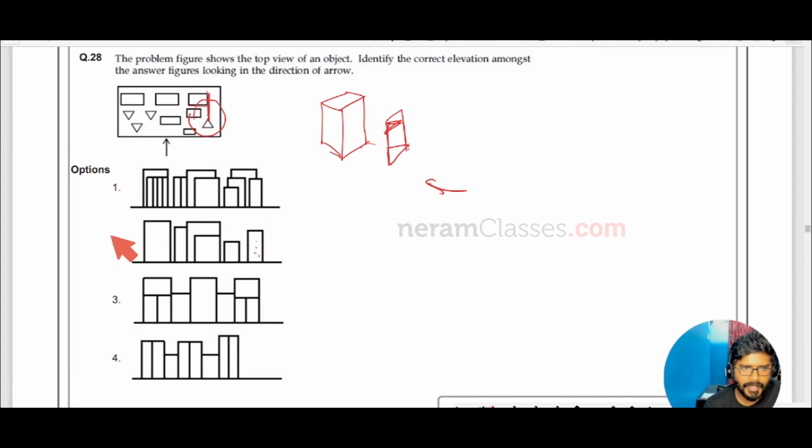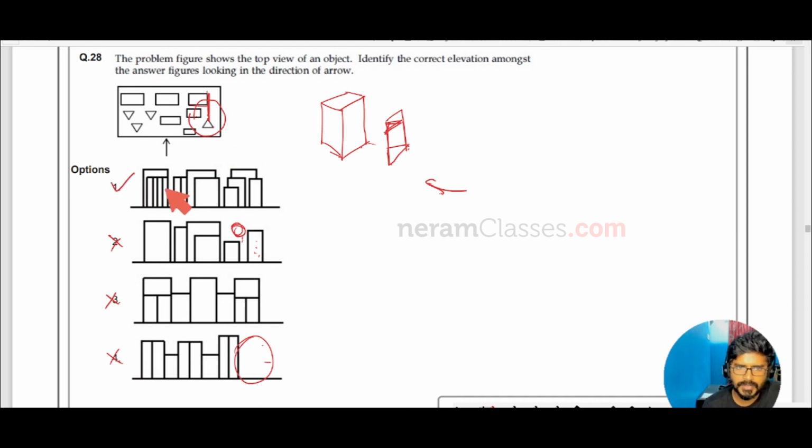option 2 will not be the answer because we don't find the other shapes. Here it is fully empty. So option 2 is the wrong answer. And option 3 is also a wrong answer because the edge of this shape is aligned to the backside cuboid. So this is also a wrong answer. Here it's clearly seen that option 4 is not the answer because we have a lot of empty gap.